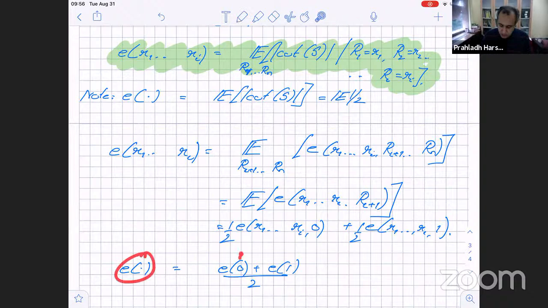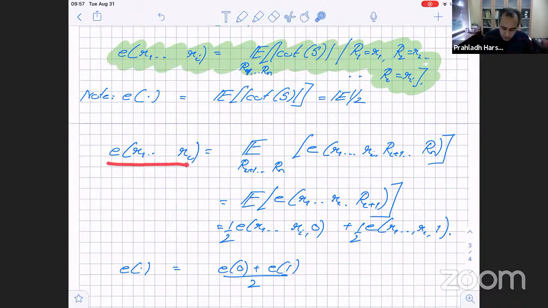Suppose all of these three quantities were known to us. Now this certainly says this is mod E by 2. One of them has to be at least mod E by 2, because both of them can't be smaller than this, as it is the average of these two quantities. So there's at least one of them which has to be larger than mod E by 2. You pick that one because you set the first point to be that way, and you keep doing this.